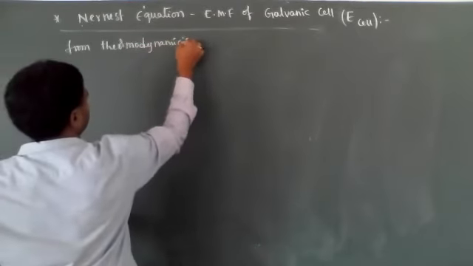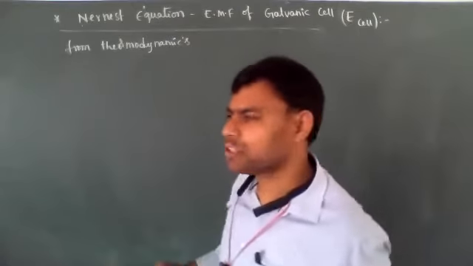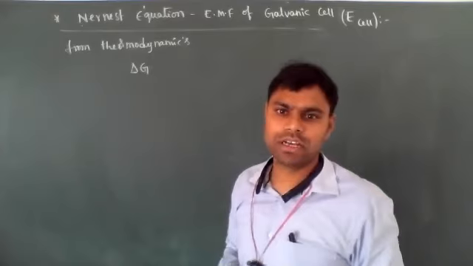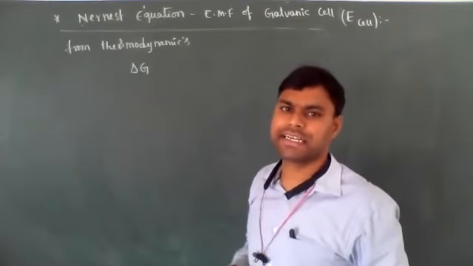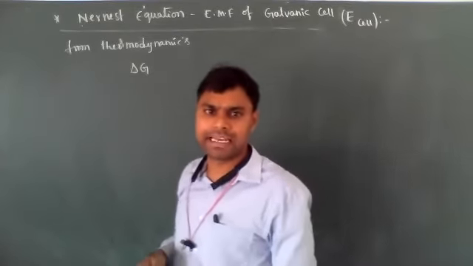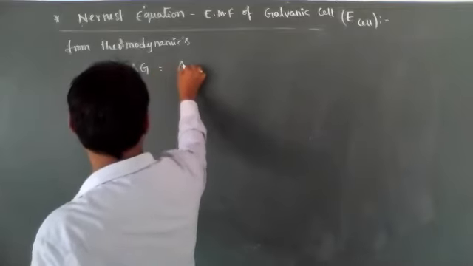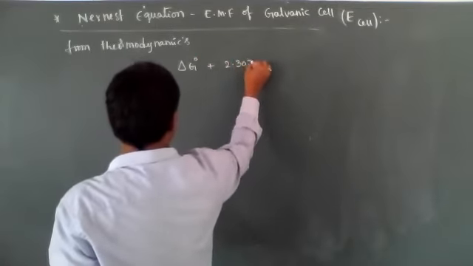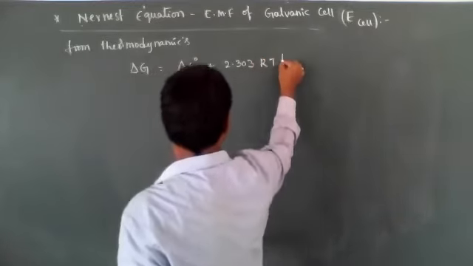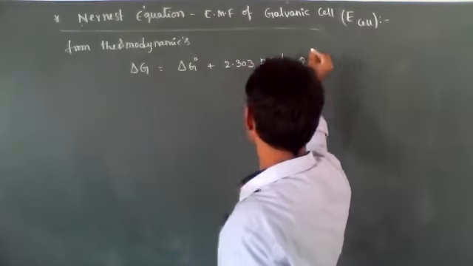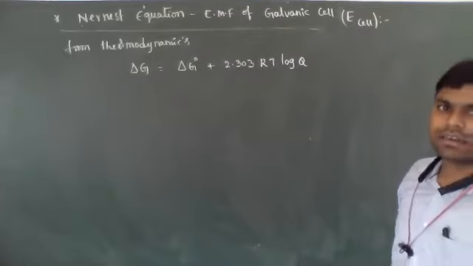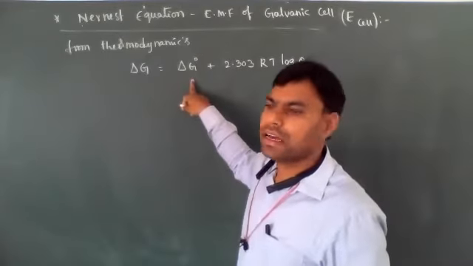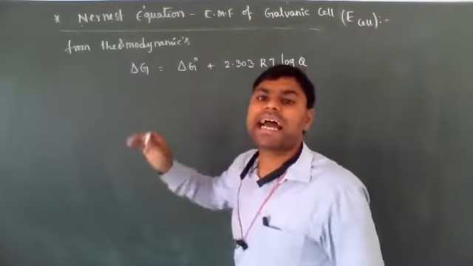From thermodynamics, we know the Gibbs free energy change. We already studied this in first PUC in the thermodynamics chapter, as well as in the chemical equilibrium chapter. Delta G is equal to delta G naught plus 2.303 RT log Q. Delta G naught means standard Gibbs free energy change under standard conditions.